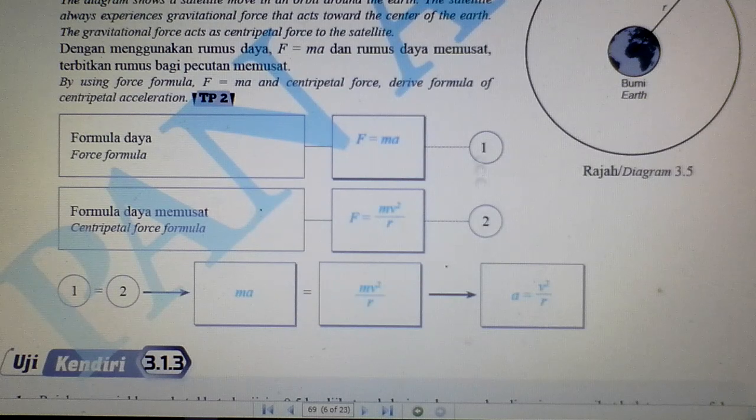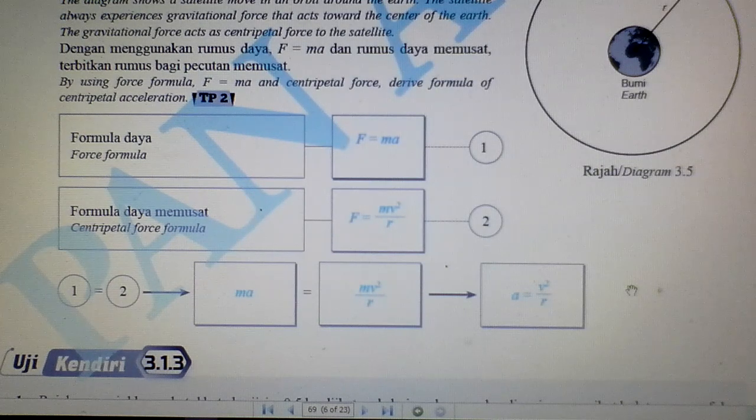So you just compare these two formulas: equation 1 equals to equation 2, so you can cancel small m. So you get a equals to v squared divided by r. So a is known as centripetal acceleration, and this v is the orbital speed or linear speed of the object.